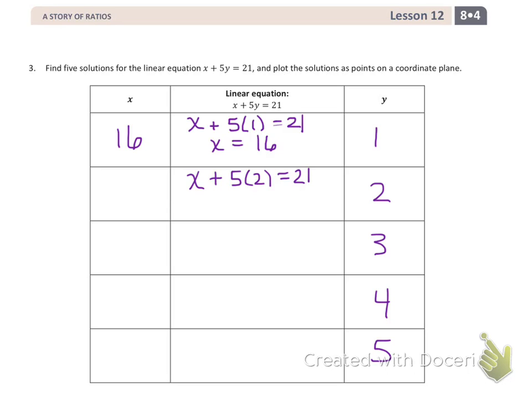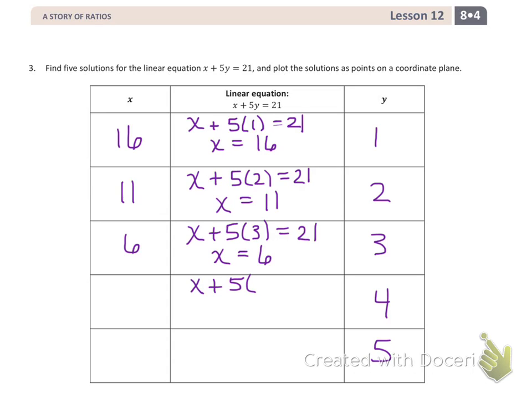Subtract that 10 from both sides, and I'm going to get x is equal to 11. See how much easier this is?